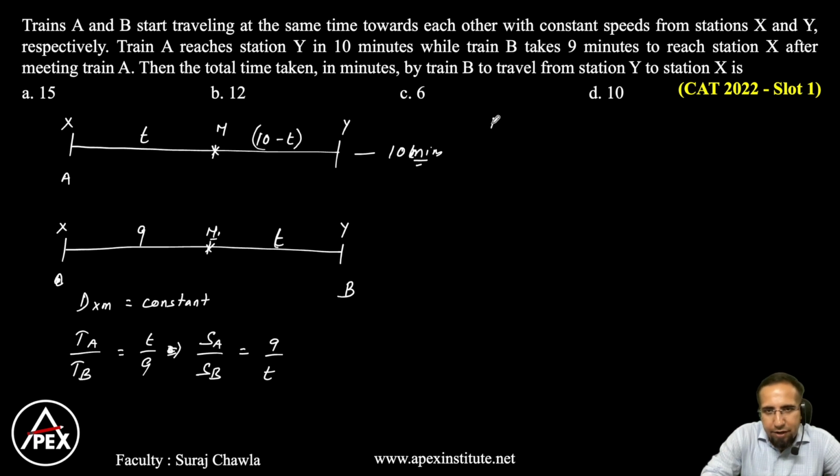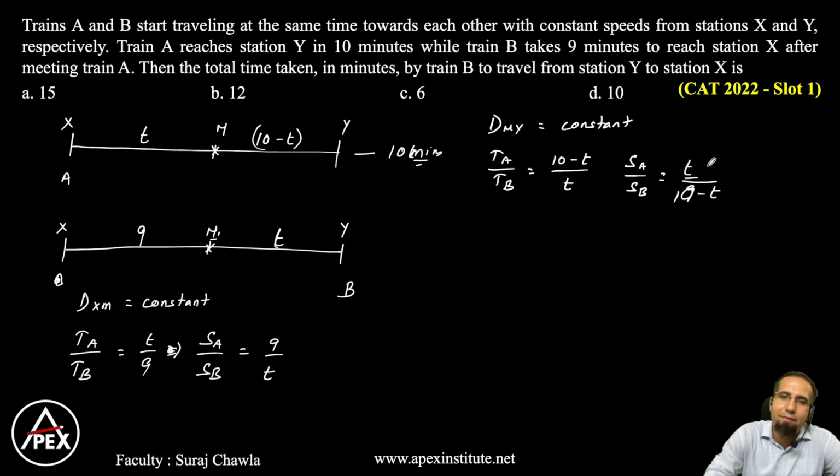Similarly, if I take distance MY as constant, Ta by Tb for this part of the journey is equal to 10 minus T by T. So therefore Sa by Sb will be equal to T by 10 minus T.